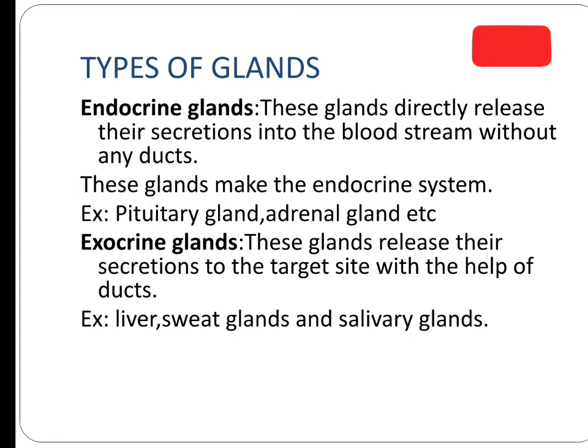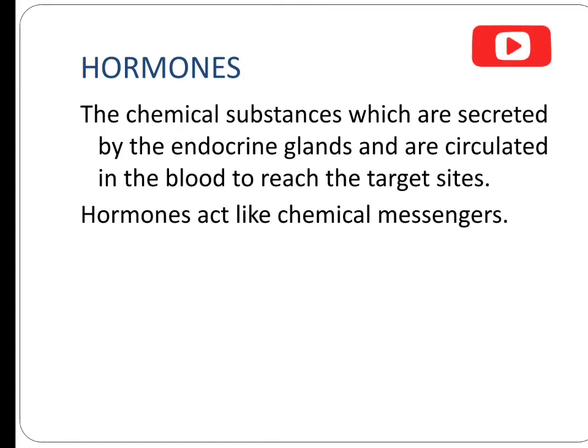Now let us know about the hormones. So what are hormones? These are the chemical substances secreted by the endocrine glands. The endocrine glands release some chemical substances, and those chemical substances are known as hormones.